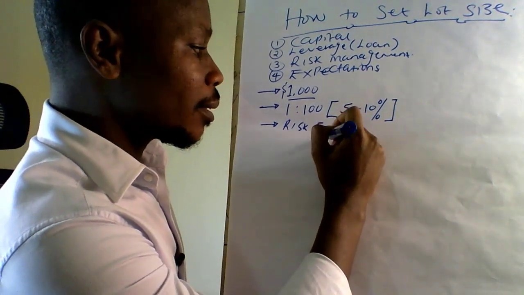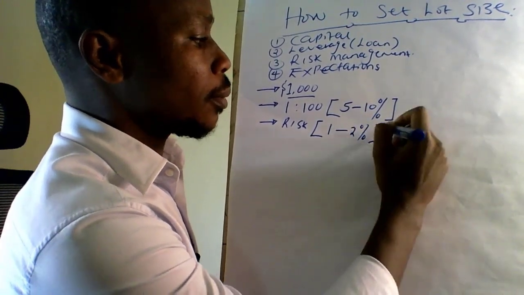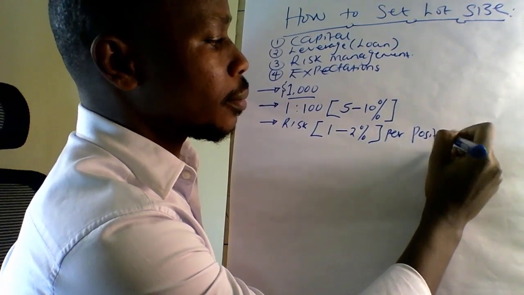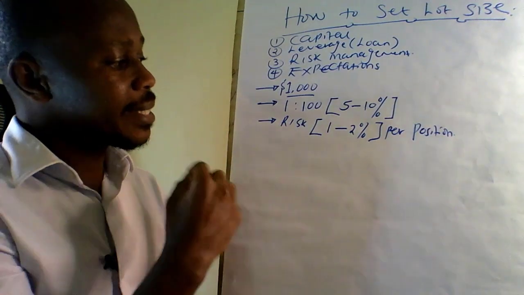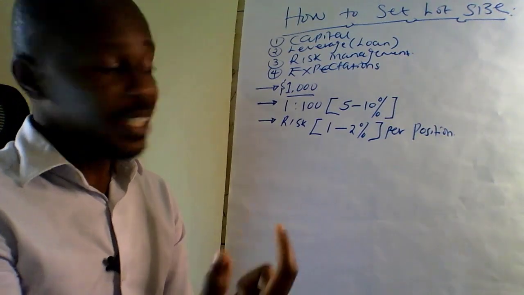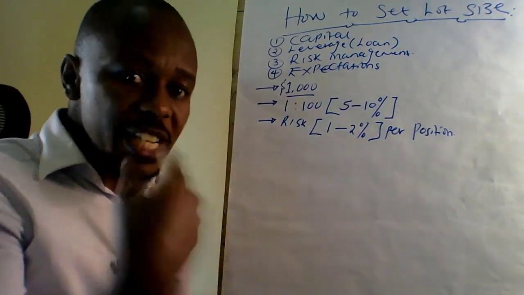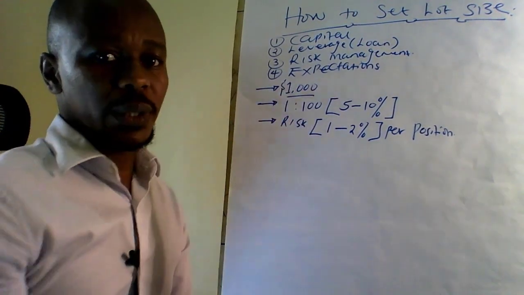Risk anything from 1 to 2% per position. If your mentality is to make quick gains, you'll be tempted to utilize the entire leverage so that with a very small move in the markets, you can make either double or triple this amount.